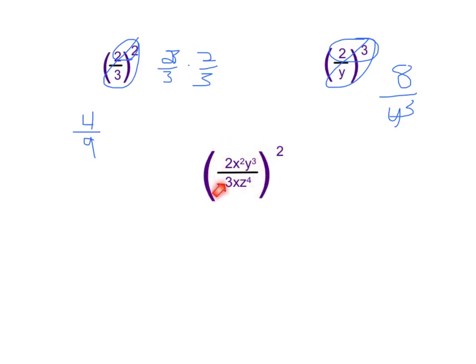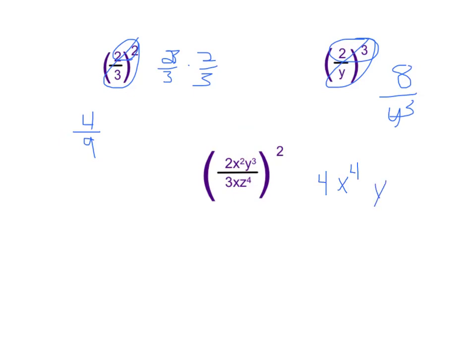Although we could simplify first because I see x's, but I'll stick with taking this squared to everything first and then simplifying. So I have 2 squared, which is 4. X squared squared, when you're raising a power to a power, you multiply the exponents, so that'd be 4.